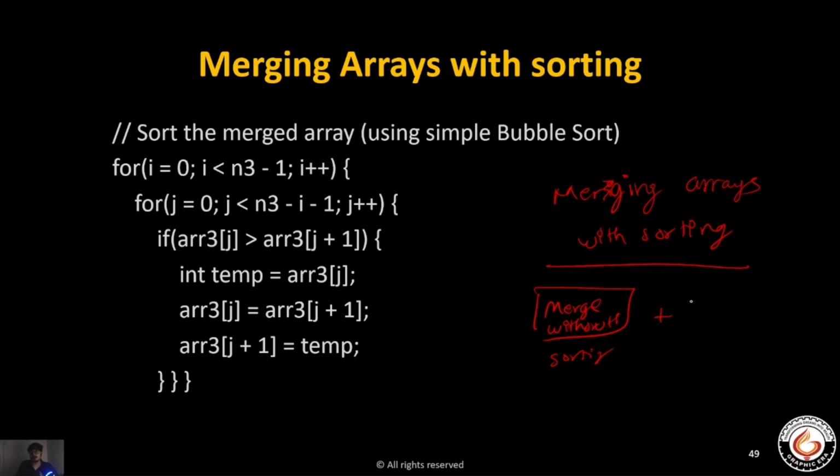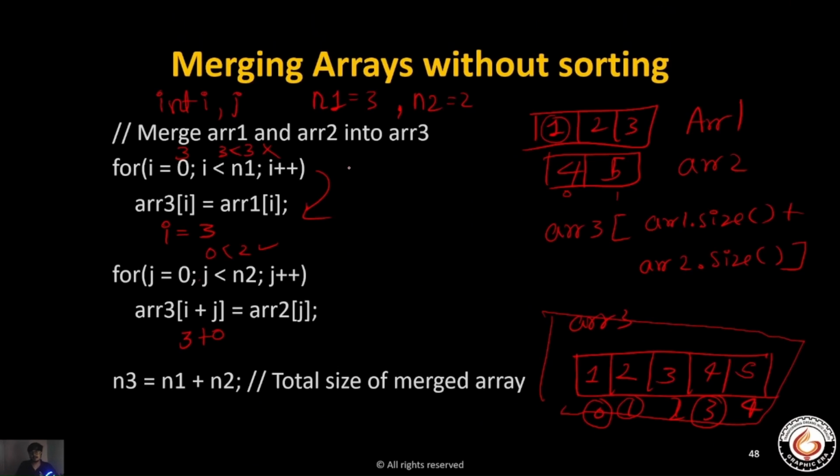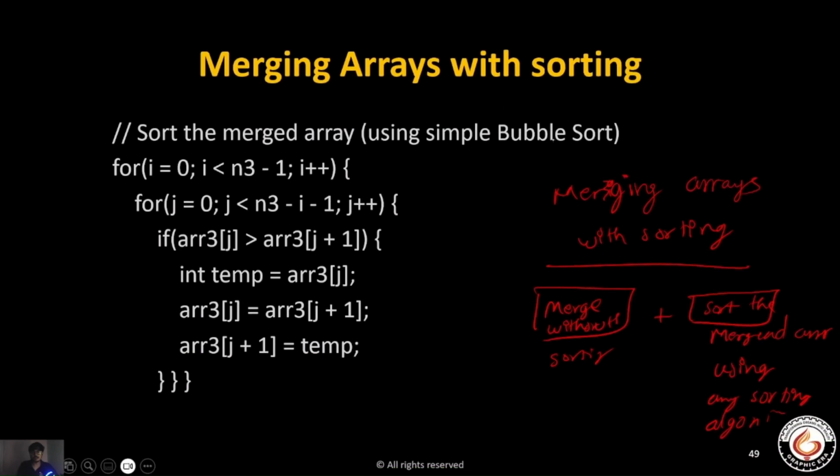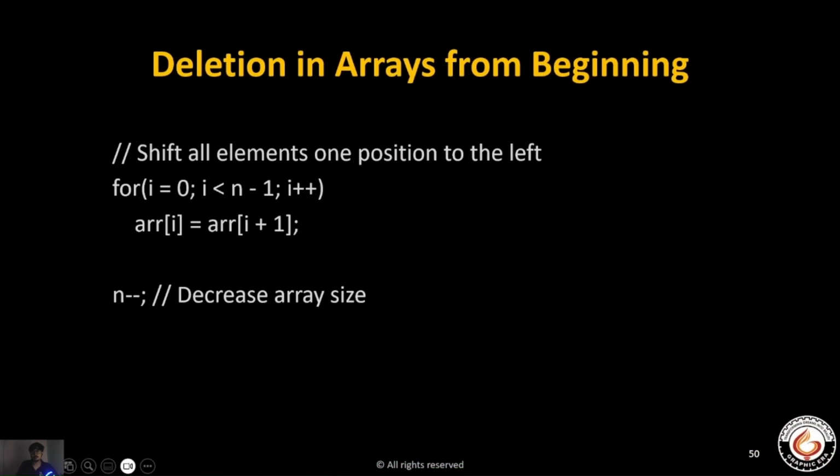After that we will sort the merged array using any sorting algorithm. So the steps will remain the same for the first part, and after merging the array we will sort the merged array using any sorting technique. Here we have used bubble sort. Okay, so let's start now.